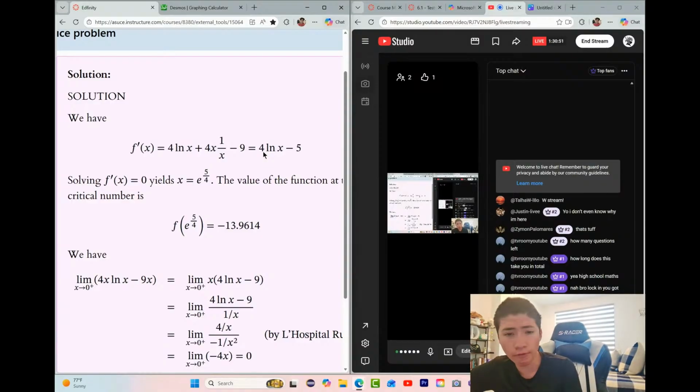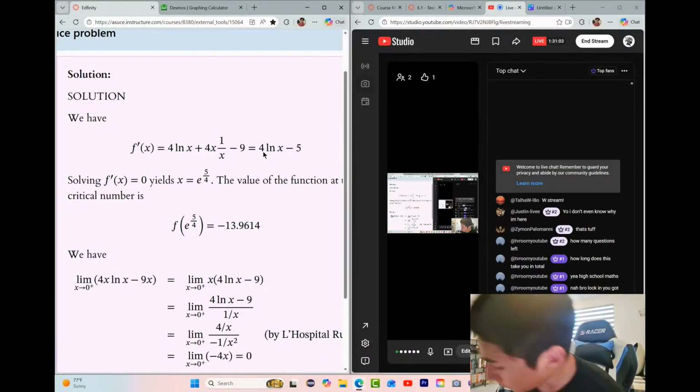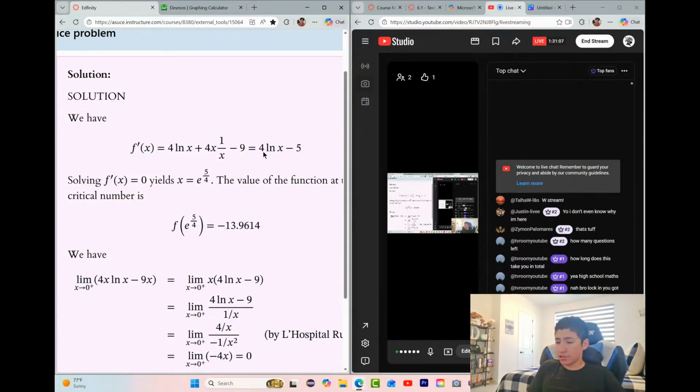Or 4 over 4. Wait, I'm sorry, what? I'm confused. We need 4 times whatever to equal 4. So ln of x should equal 1. Oh, that's not 0. ln of x. Hold on. So f of x needs to equal 1.